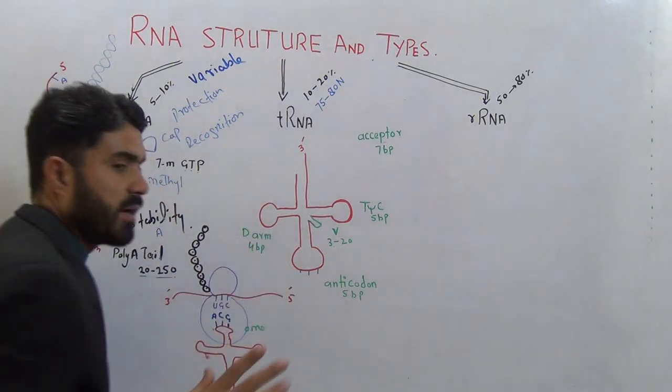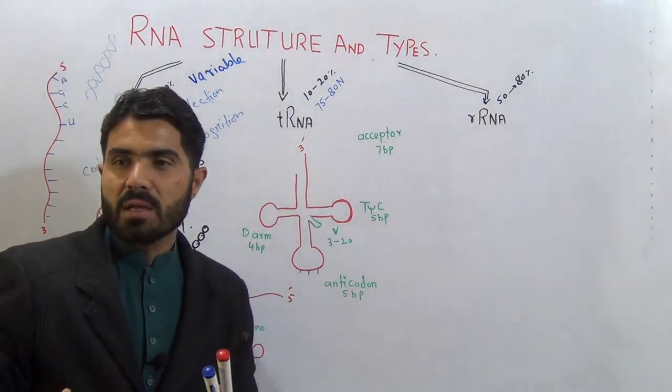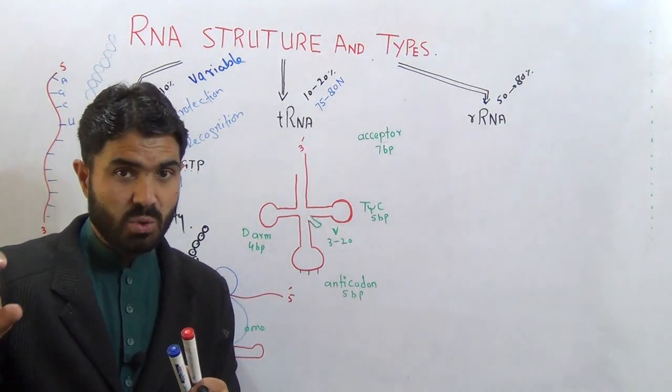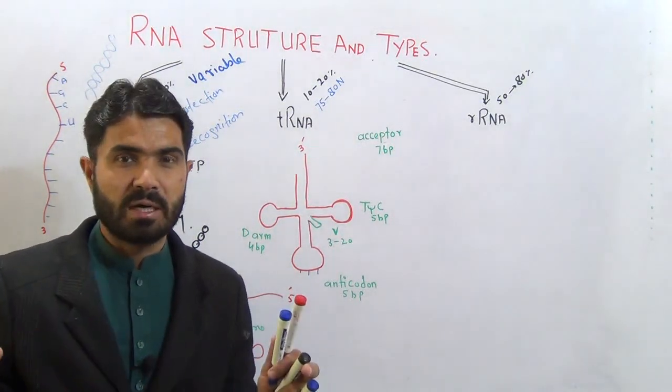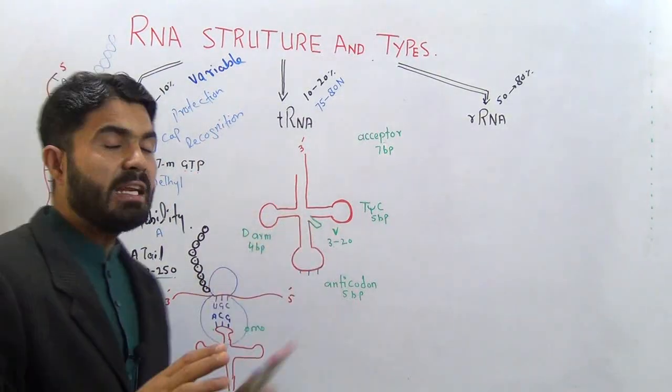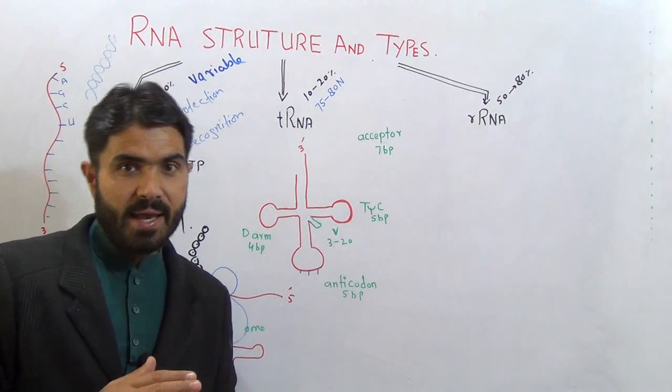Now the transfer RNA will pick a specific amino acid. We know there are 20 different types of amino acids, so there will be 20 different types of transfer RNAs as well.